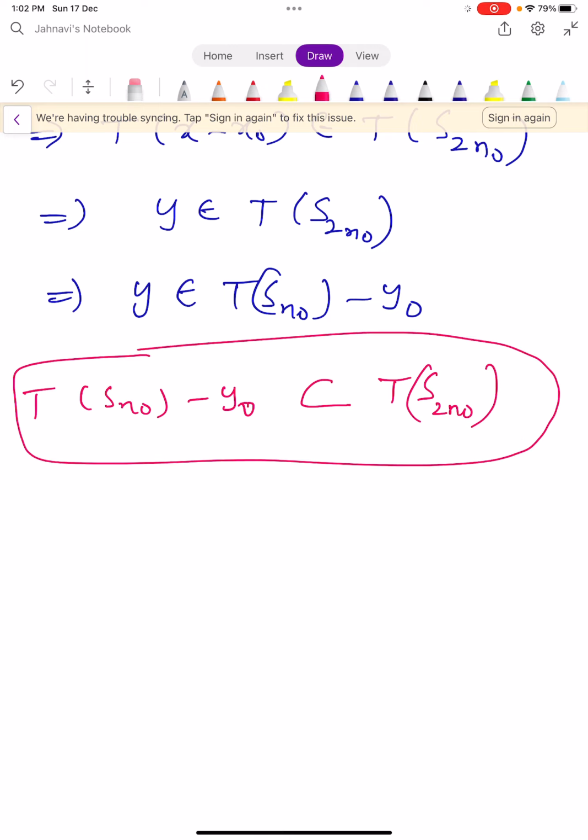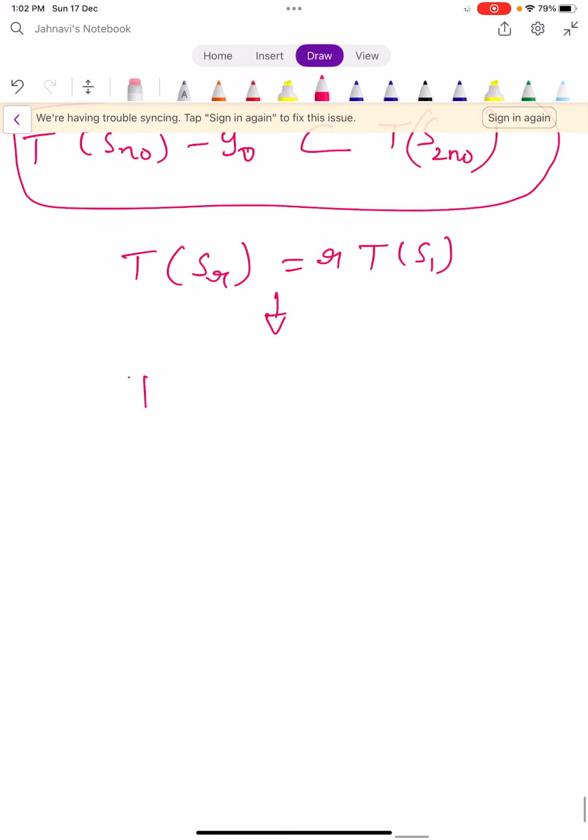T of Sn naught minus y naught is a subset of T of S2n naught. Already we proved that in the initial stage, T of SR is equal to R into T of S1. Applying the same logic, T of S2n naught is equal to 2n naught T of S1.